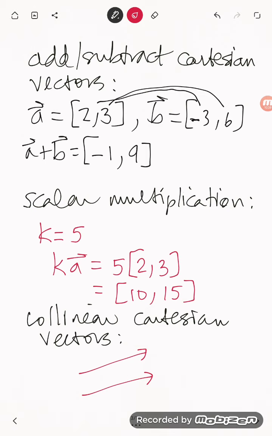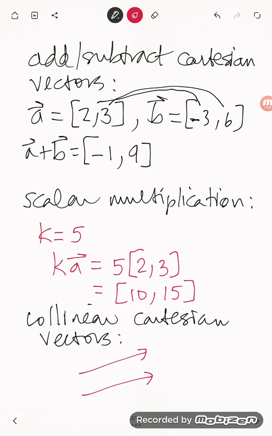So as long as two vectors are parallel, they are collinear because you can slide them to be on the same line. And so what that means is that if only the magnitude changes and the direction doesn't change, then collinear vectors are just scalar multiples of each other, right?